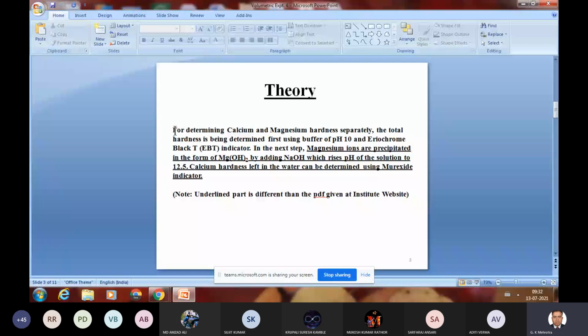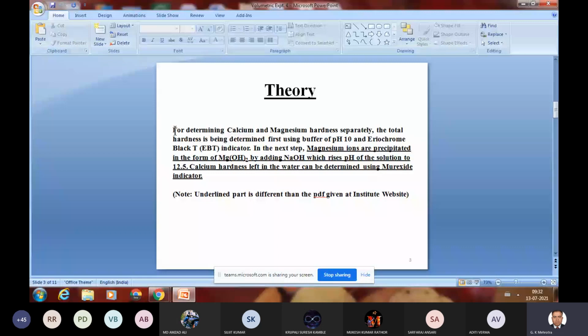So determining the concentration of calcium and magnesium will do the job, and that's why this EDTA titration, or complexometric titration for determination of hardness, is actually the international standard method of determination of hardness.